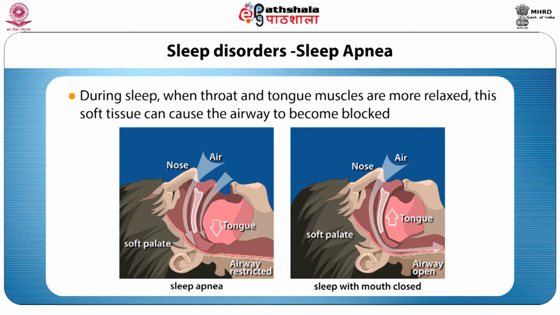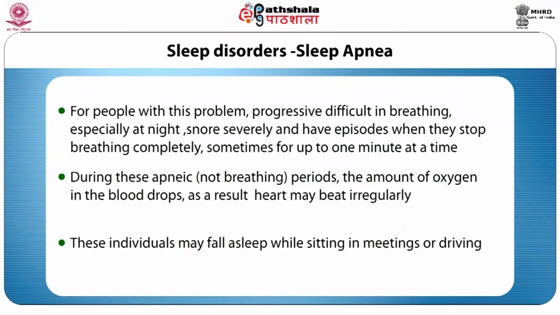During sleep, when throat and tongue muscles are more relaxed, this soft tissue can cause the airway to become blocked. For people with this problem, it becomes progressively more difficult to breathe, especially at night, so they snore severely and have episodes when they stop breathing completely, sometimes for up to 1 minute at a time.